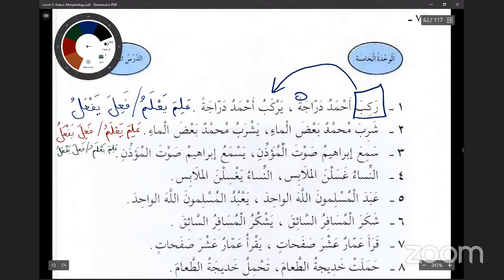Can you, for us, read number 4 and translate? النساء غسلن الملابس. No. Okay. And then النساء, the present tense version also.